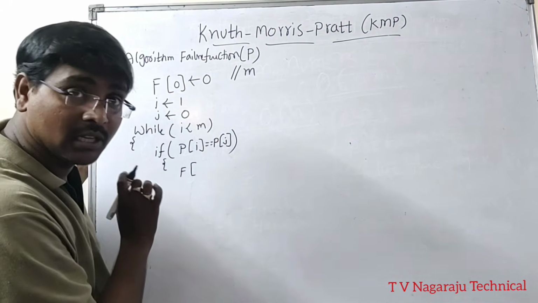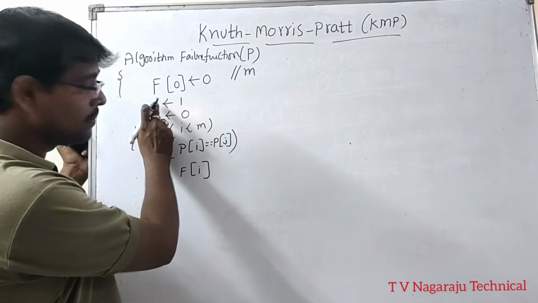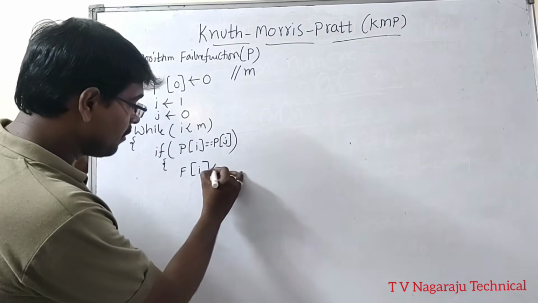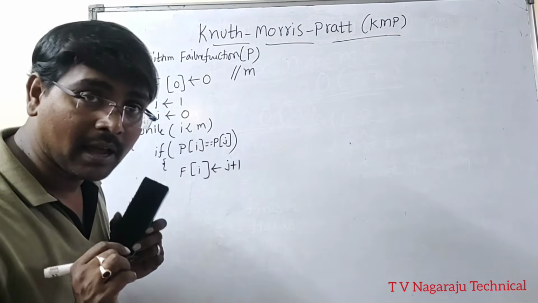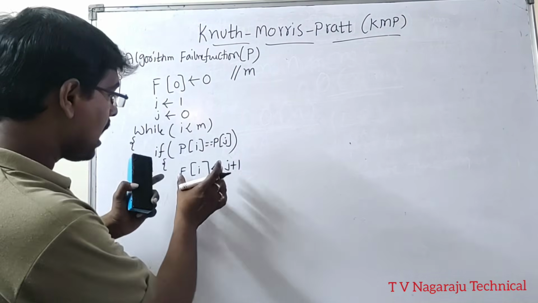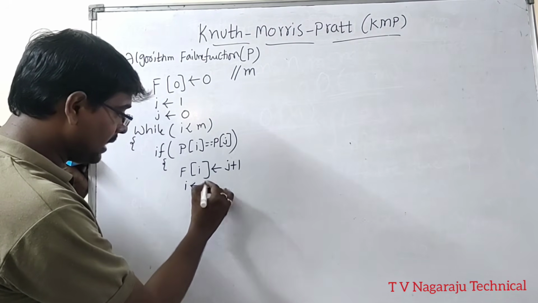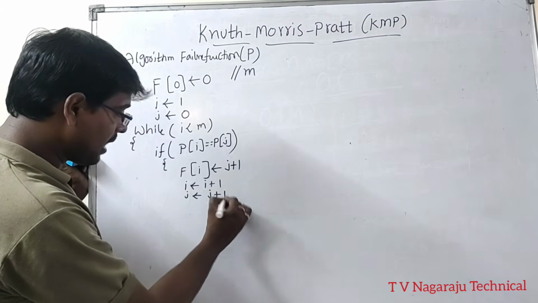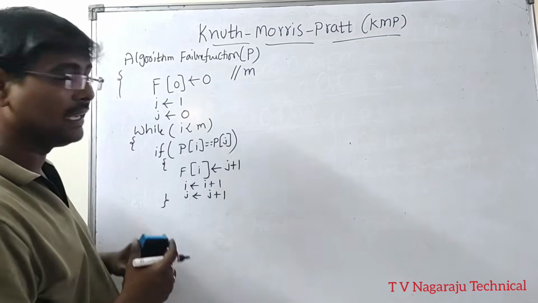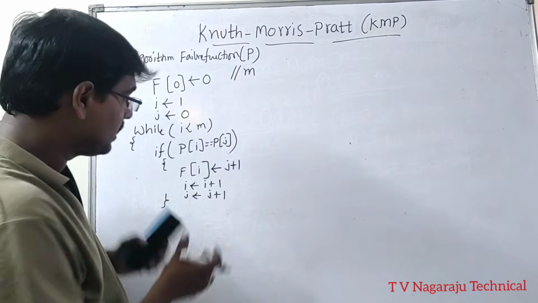The 0th position is already completed. Fill the first position, that is i equal to 1, with the value of j plus 1. After filling, increment the i value by 1 and the j value by 1.